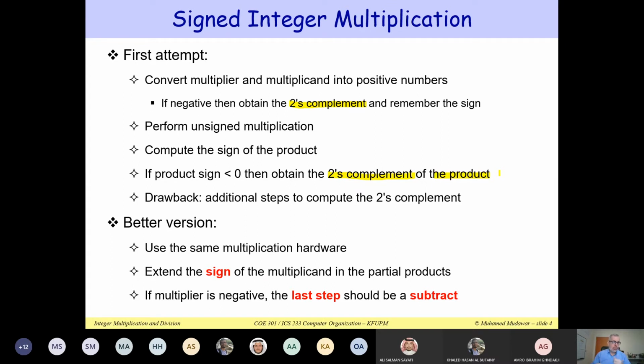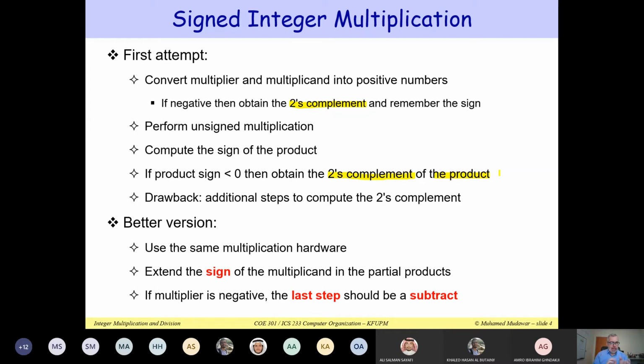The drawback is that you need additional steps. You need to check the sign, you need to take the 2's complement, and then you have to take the 2's complement of the product at the end, and this will take more steps and more time. There is a better version, in which we use the same multiplication hardware that we use for unsigned multiplication, but we extend the sign of the multiplicand, and we check the multiplier.